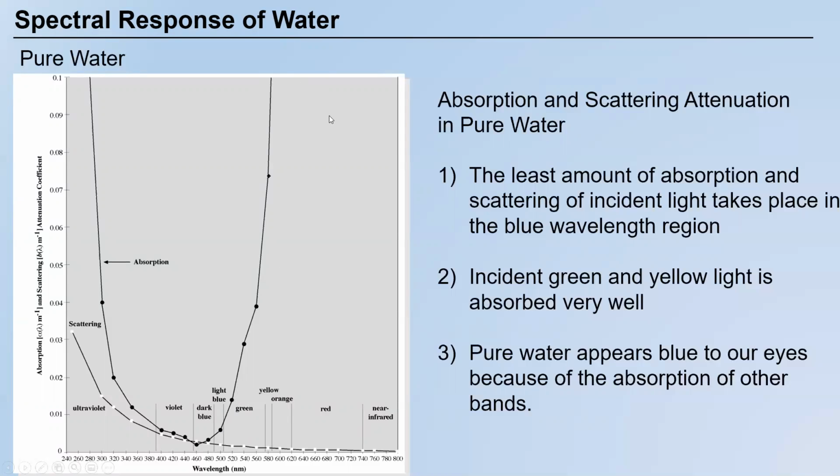That's the reason why water, especially clean water, looks blue in nature, right? And when you are looking at the water body in the near infrared band, sometimes it's purely dark, it's purely black. That's because pure water absorbs most energy within the infrared range.